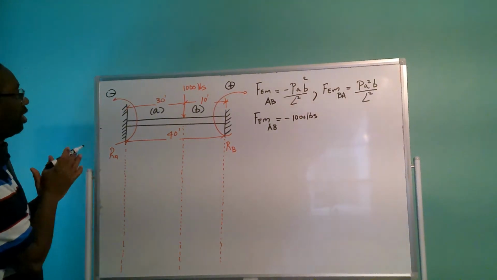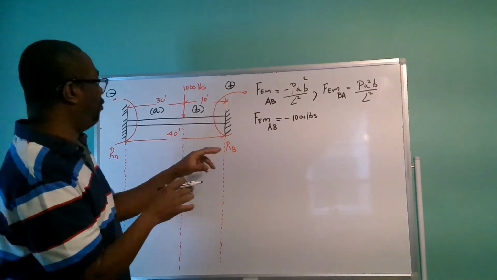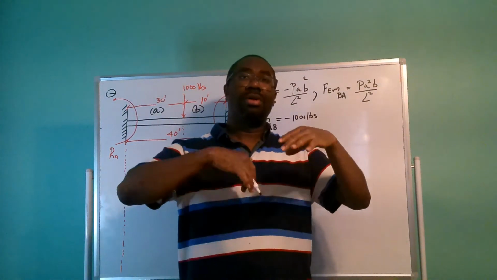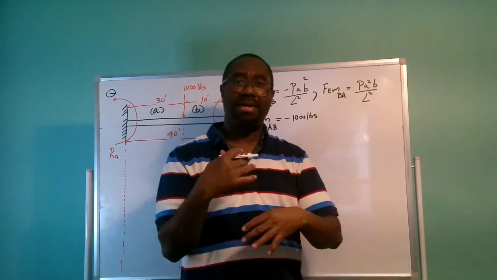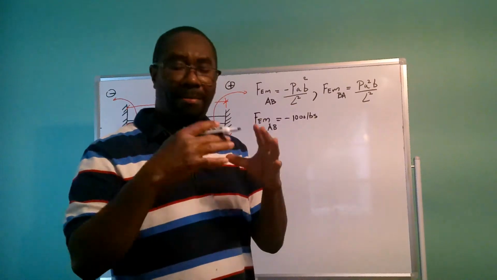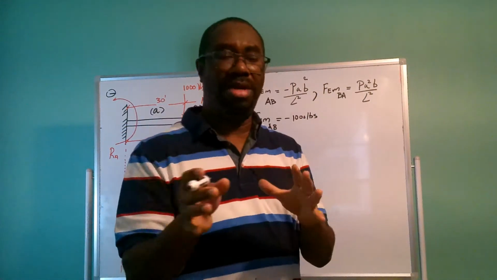We are going to calculate the fixed end moment for A and for B, and then calculate our reactions, plot our shear force and bending moment diagrams, and come up with the value for the maximum bending moment for this fixed end moment beam system.